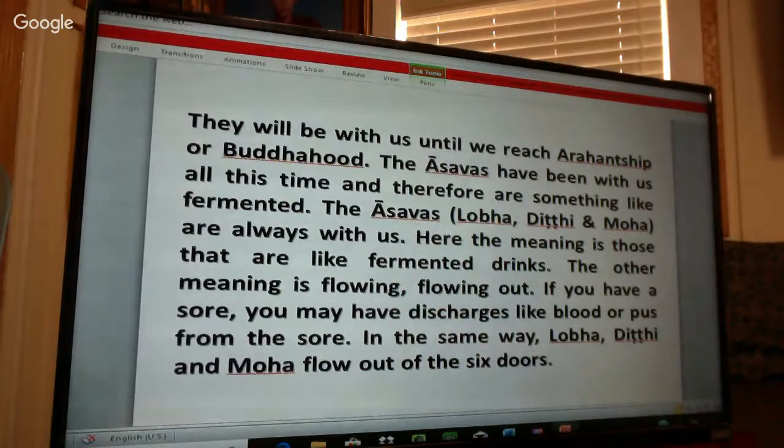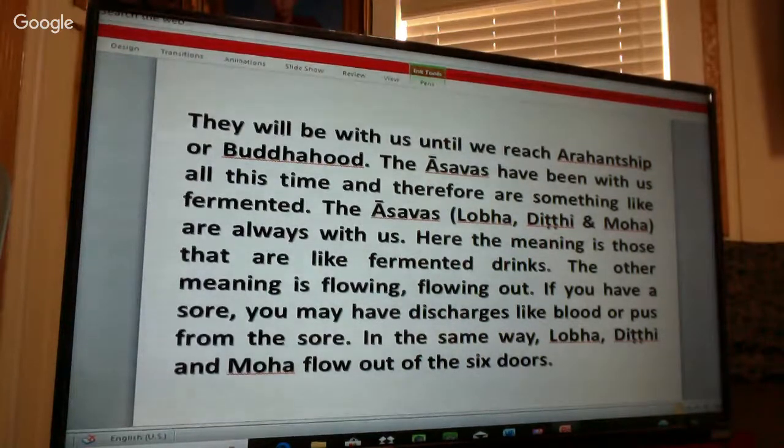That means after seeing, after hearing, after smelling, tasting, touching, thinking, kamasava can flow out, bhavasava flows out, and then ditthasava flows out, and avijjasava flows out, like this.